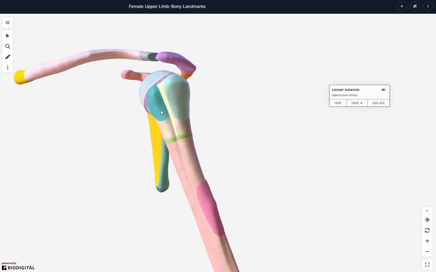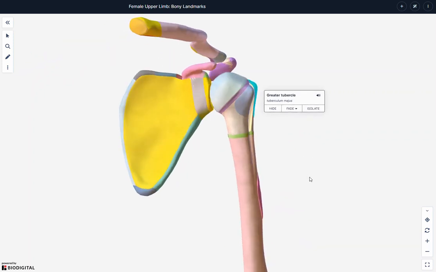Neutral rotation: the greater and lesser tubercles superimposed over the humeral head. It's important to understand and know that, because we're going to talk about that in our humerus x-rays and our shoulder x-rays. We'll be determining the rotation of the arm by those tubercles and where they are sitting in relation to the humeral head on our x-rays.